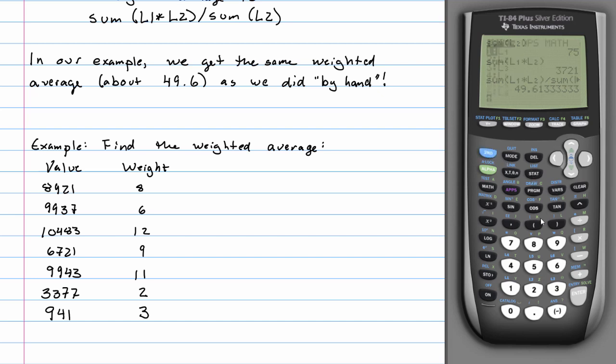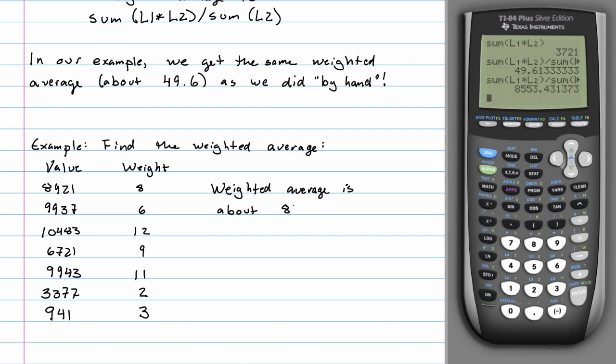So to find the weighted average, I take the sum of the products and divide it by the sum of the weights. And I get that the weighted average is about 8553.4.